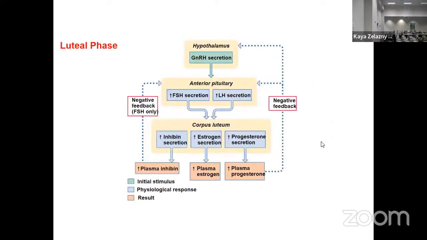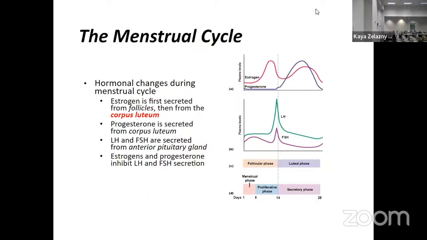So that's how we get to, I'm going to flip back to our total graph, that's how we get to this picture. Our follicles are producing estrogen, but not progesterone, up until ovulation. During this later part of the follicular phase, we have positive feedback, so this goes up really quickly. At the same time, our LH is going up.